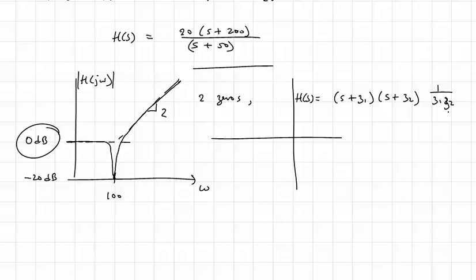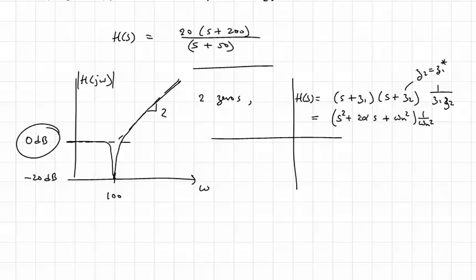Now, because this is second order, and because there's a resonance, it turns out that z1 and z2 are complex conjugates of each other. But what you should just jump to and say is that this is going to have the form of s squared plus 2 alpha s plus omega n squared, and of course the whole thing is going to be over omega n squared because it has to have a magnitude of 1 at the low frequency.